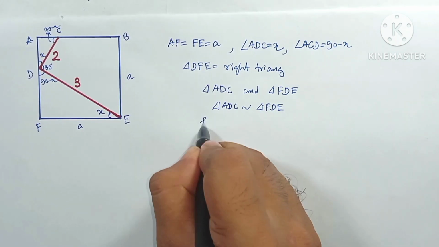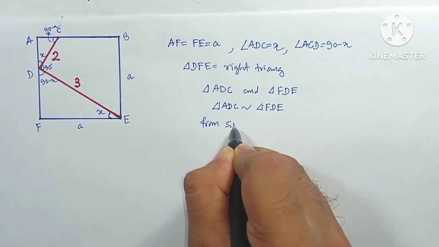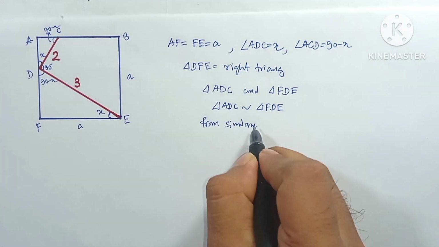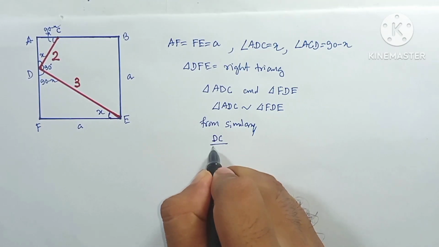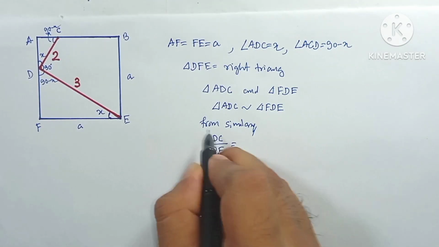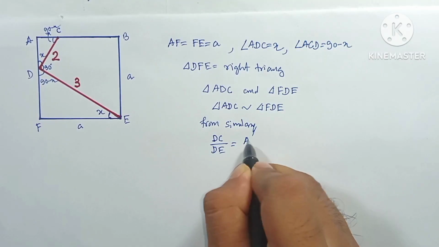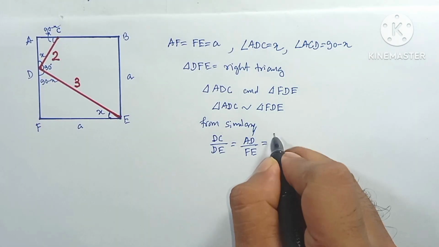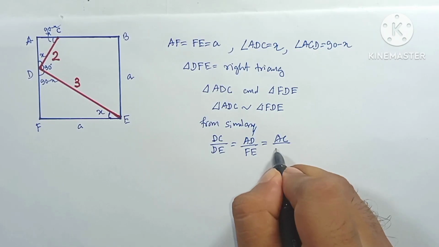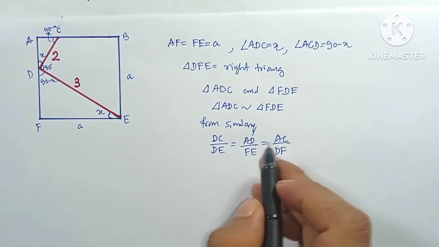So from similarity we can write that DC over DE is equal to AD over FE is equal to AC over DF.